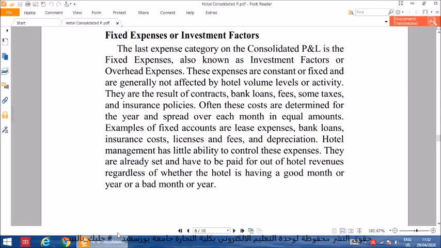Overhead expenses are constant. They are the result of contracts, bank loans, fees, some taxes, and insurance policy. Often these costs are determined for the year and spread over each month in equal amounts.